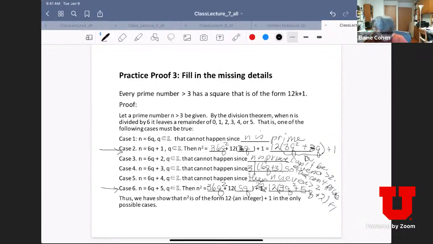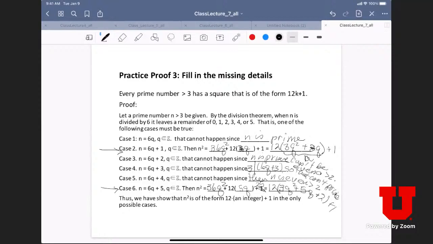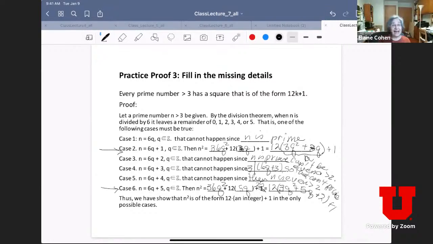Grant: I feel like this is probably pretty obvious to some people, but why are the remainders only up to 5? Why is it divided by 6? That's an excellent question.